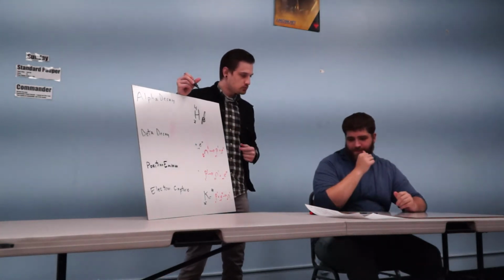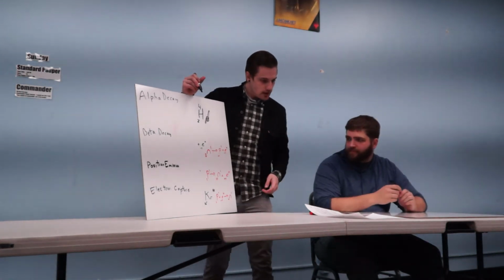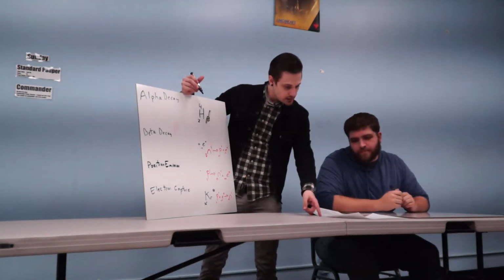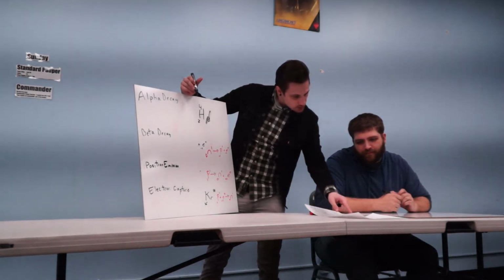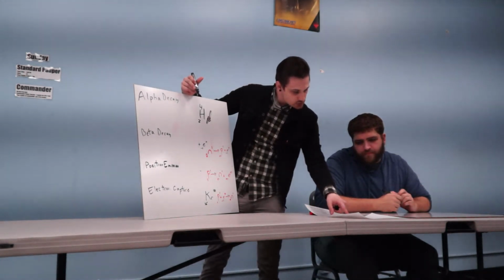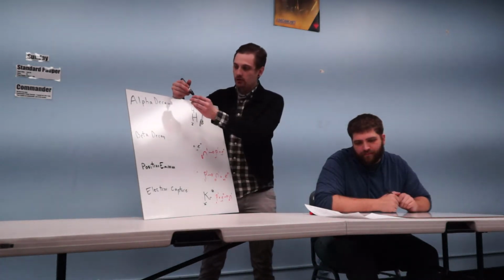So we're going to practice an alpha emission. As you can see on your Regents reference table, we have, for example, plutonium-239 degrades by alpha particle.